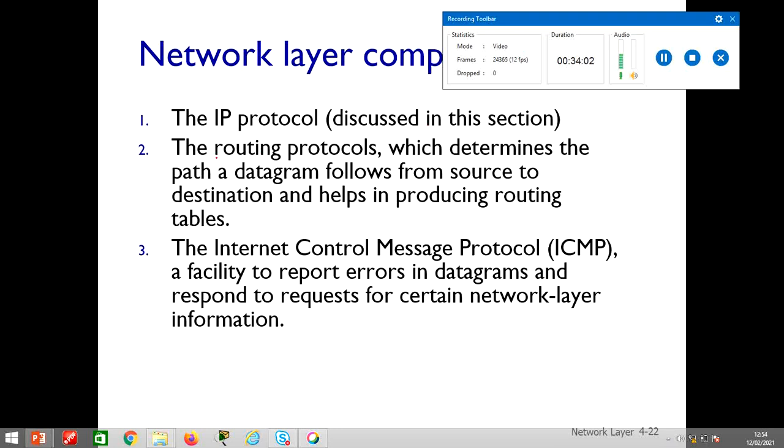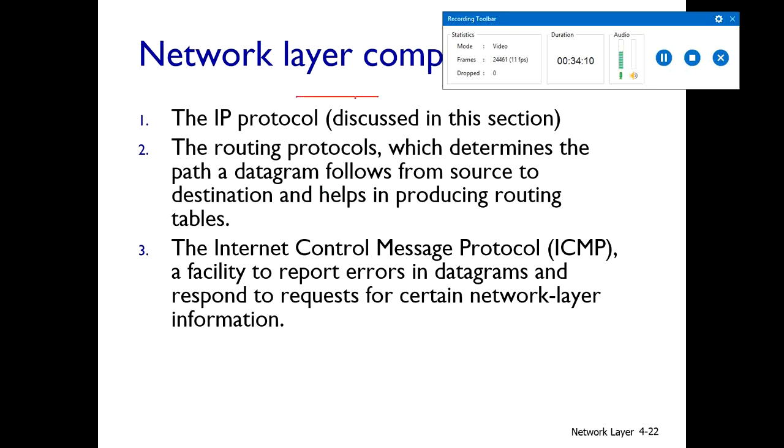Routing protocols determine the path a datagram follows from source to destination and help in selecting the path of the datagram. Then ICMP, the Internet Control Message Protocol, is a facility to report errors in datagrams and respond to requests for certain network layer information.